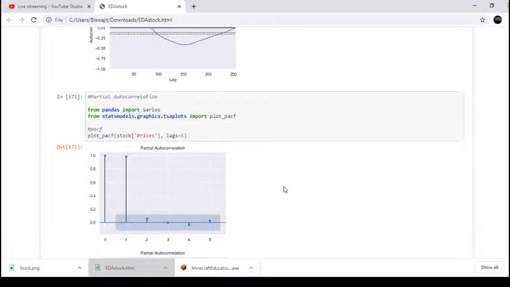Let's say yt is a time series, how is it related to yt minus k, where you take out the k intermediate lags. That is important in order to know the order of the MA part, the moving average part of the time series.